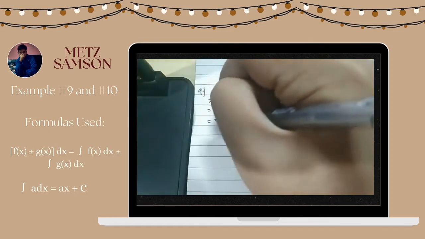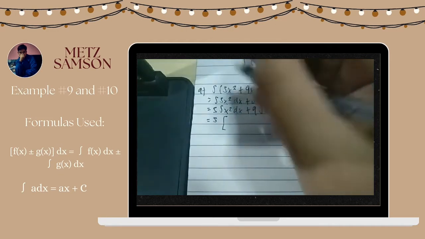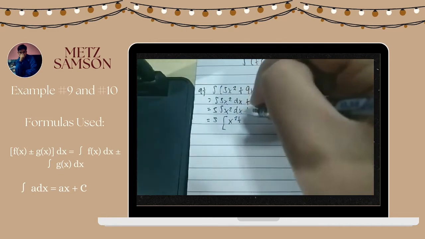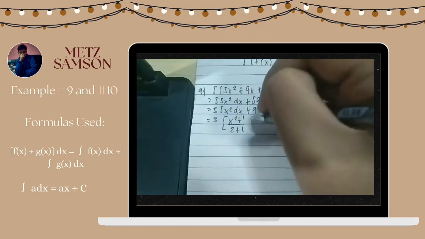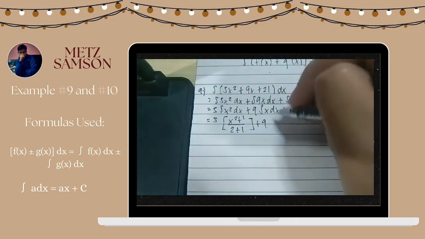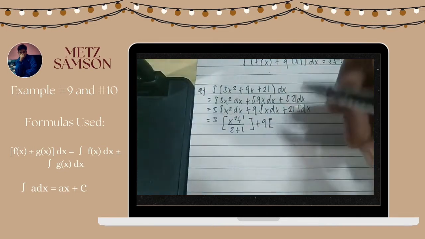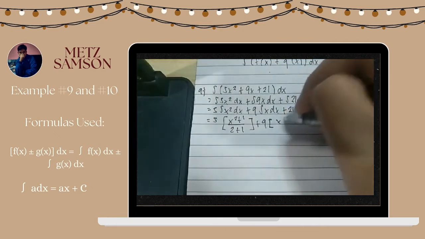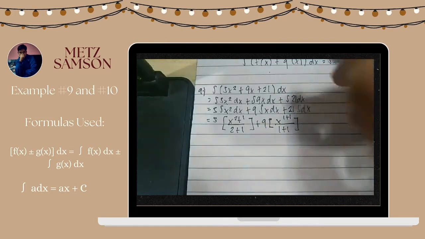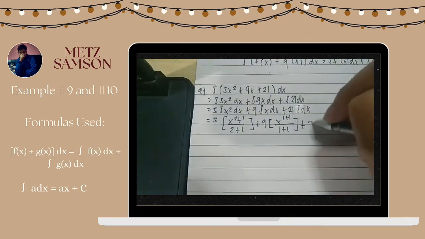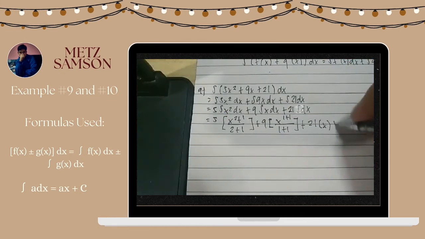So for 5 times the integral of x squared, we use the power formula, x raised to 2 plus 1 over 2 plus 1, plus 9 times the integral of x, using the power rule, x raised to 1 plus 1 over 1 plus 1, plus 21. The integral of dx is x plus c.